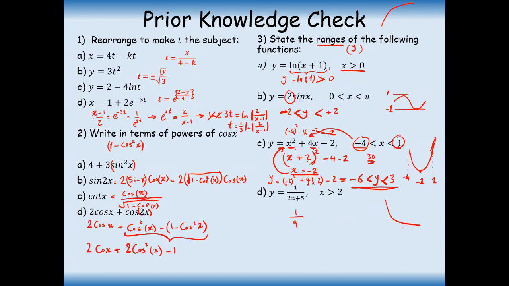That means that we are always going to the right, and x is not bounded. x is only bounded in that it has a lower bound of 2. Therefore, the graph will have a cutoff point, and this cutoff point is 1/9.